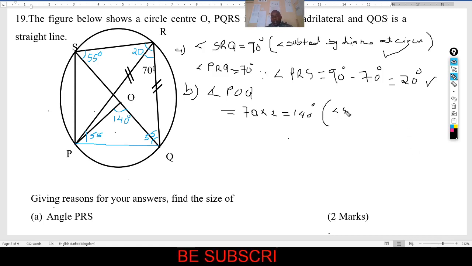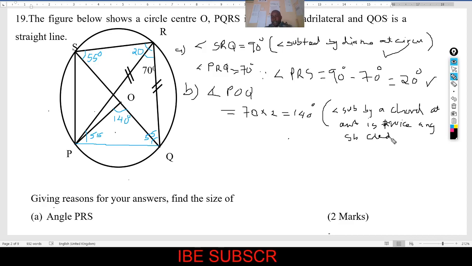Angle subtended by a chord, not the diameter but by a chord, at the center is twice the angle subtended by the same chord at the circumference.